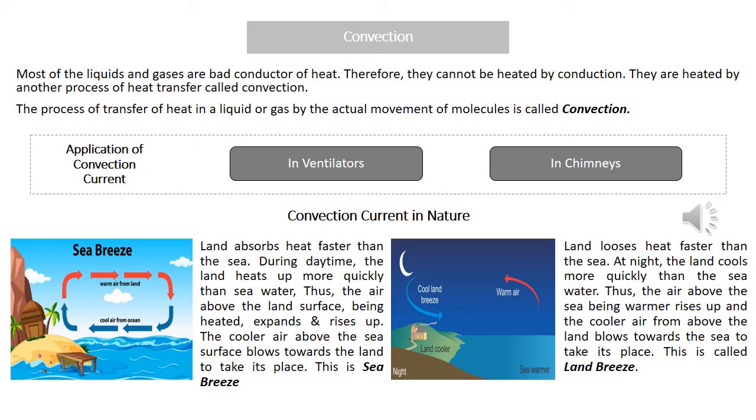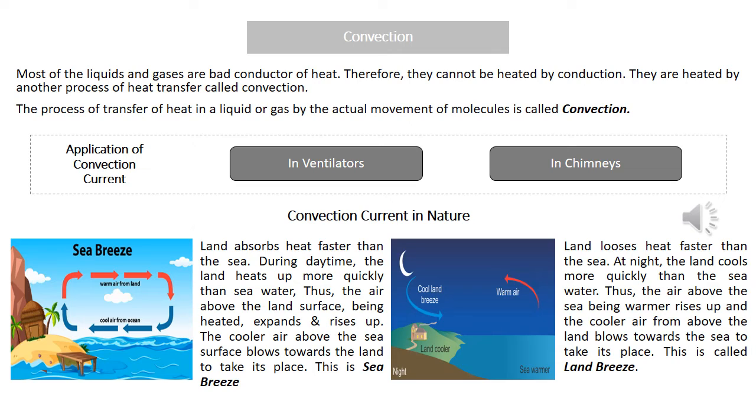Now what happens? Because the land is heated up, the air above the land gets warmer, and warm air is always lighter. Warm air or hot air is lighter than cold air. And you know, light things go up, they rise up, isn't it? Are you getting my point?